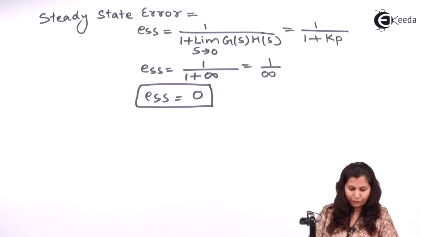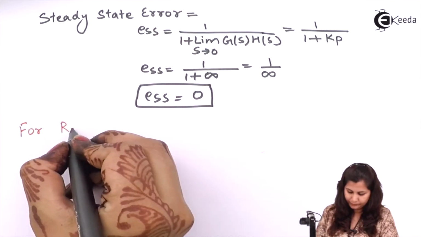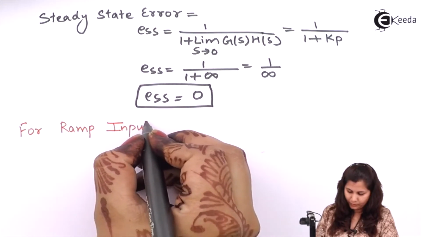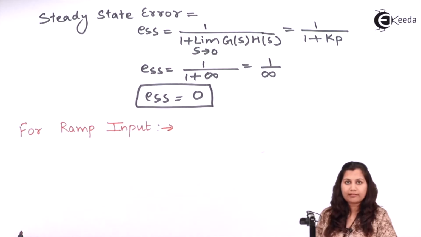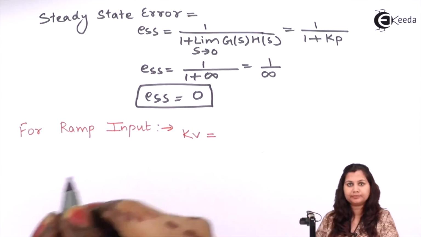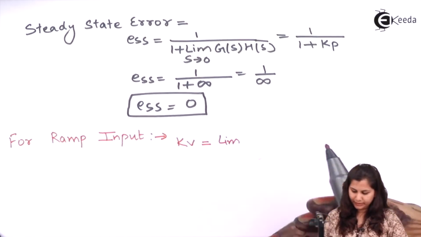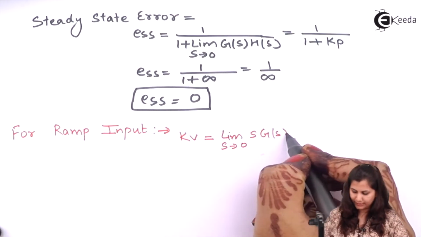Okay, now for ramp input. For ramp input, we have the velocity error coefficient. The velocity error coefficient is given by Kv equals limit s tends to 0 of s G(s)H(s).